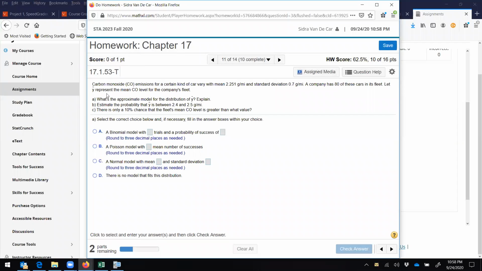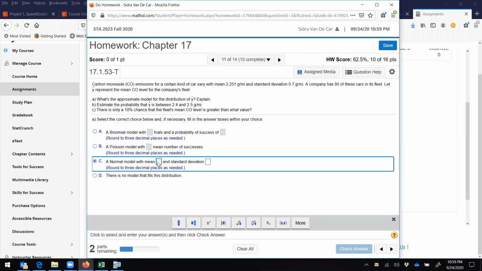All right. Carbon monoxide emissions for a certain kind of car vary with a mean of 2.251 and a standard deviation of 0.7. The company has 80 of these cars in its fleet. We want the distribution of the mean. So 2.251 is our mean.